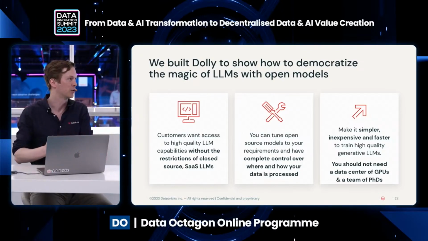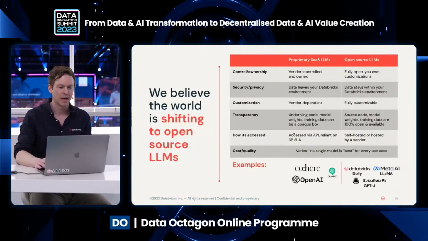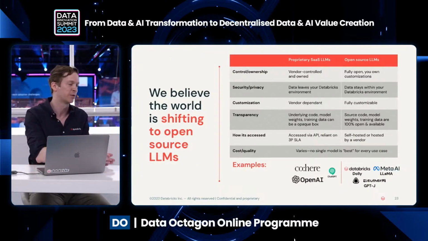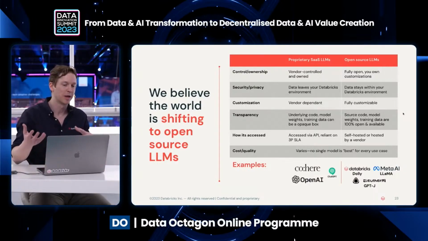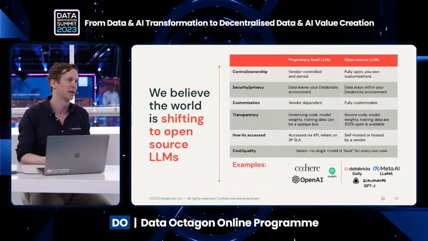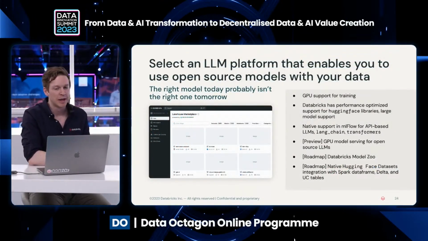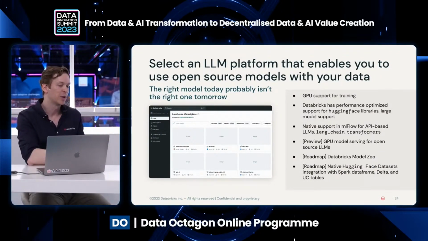You can actually build and host your own, owning the data and the model yourself. We also believe that the world will shift towards more of these open source large language models because they have a number of advantages when it comes to customization, data ownership, etc.